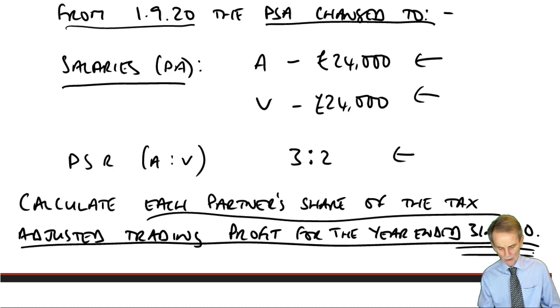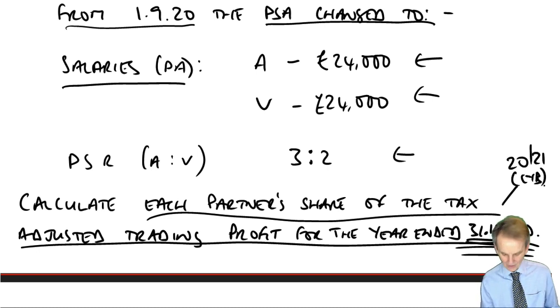Now, only once we've done that exercise, and only if a question requires you to do it, would you then attempt to establish, so, partner A's share of that profit of 60, partner V's share of that tax adjusted trading profit of 60, how will we assess those profit figures on each partner? Using CYB. So the year ended 31st of December 20, that ends in 2021. So it is that period which the current year basis will pick up and assess for the 2021 tax year.